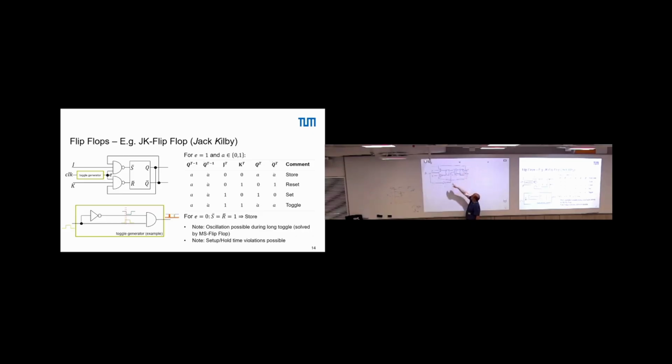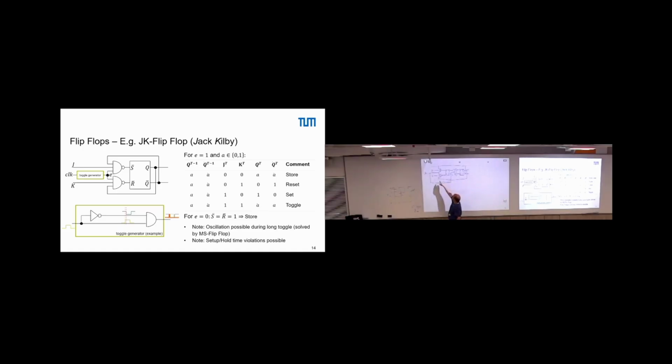Then the feedback is enabled, and effectively J and K is propagated from input to output. Right? That's the first case we have. The second case we have is that J and K are set the other way around, then we have also set an output, and if you compute this, you see it's then the reset state.